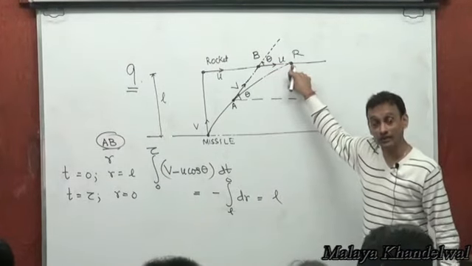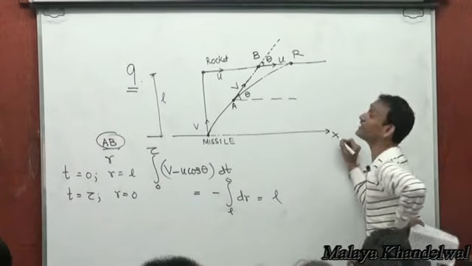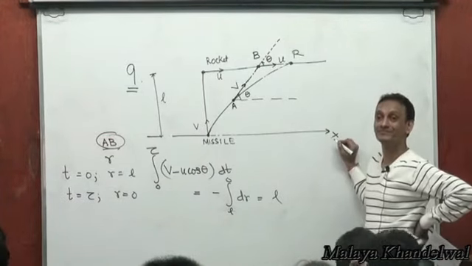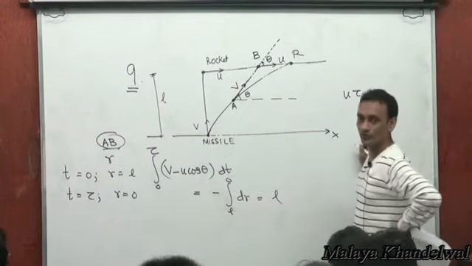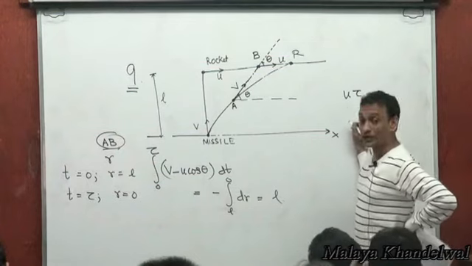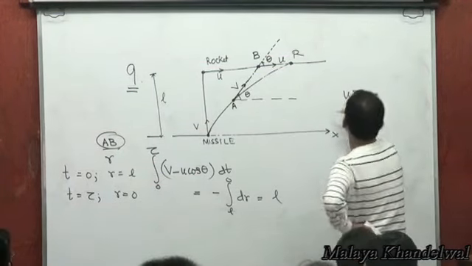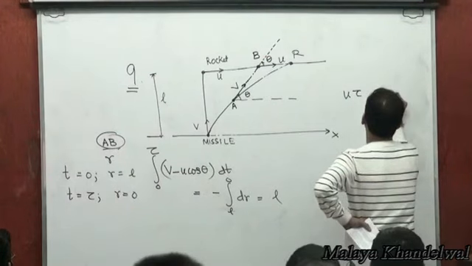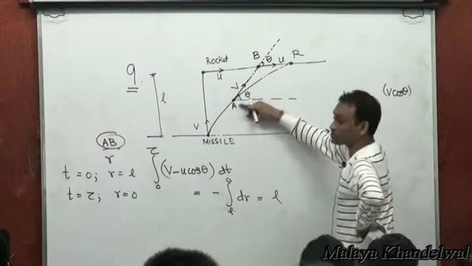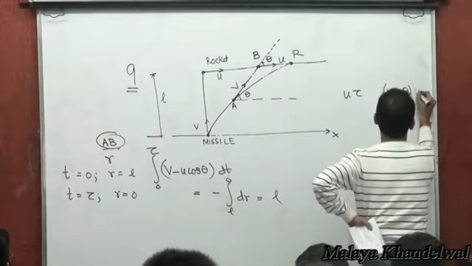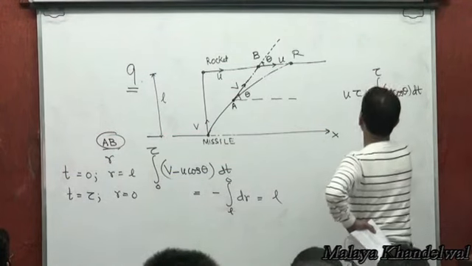They collide at R. By the time they reach R, their displacements in the x direction must be the same. The displacement of the rocket in the x direction is U into tau, which must be equal to the displacement of the missile in the x direction. The missile in the x direction is V cos theta into dt, summed over all of this, t runs from 0 to tau.